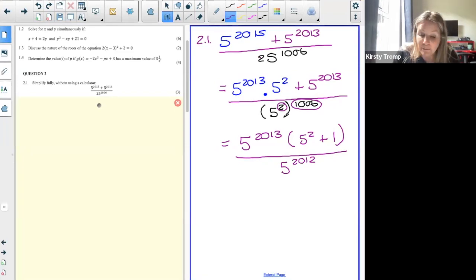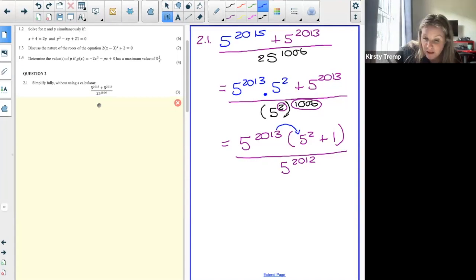Puleng, where does 1 come from? If I had to multiply this back in, Puleng, 5 to the power of 2013 times by 5 to the power of 2 would give me 5 to the power of 2013 times 5 to the 2.